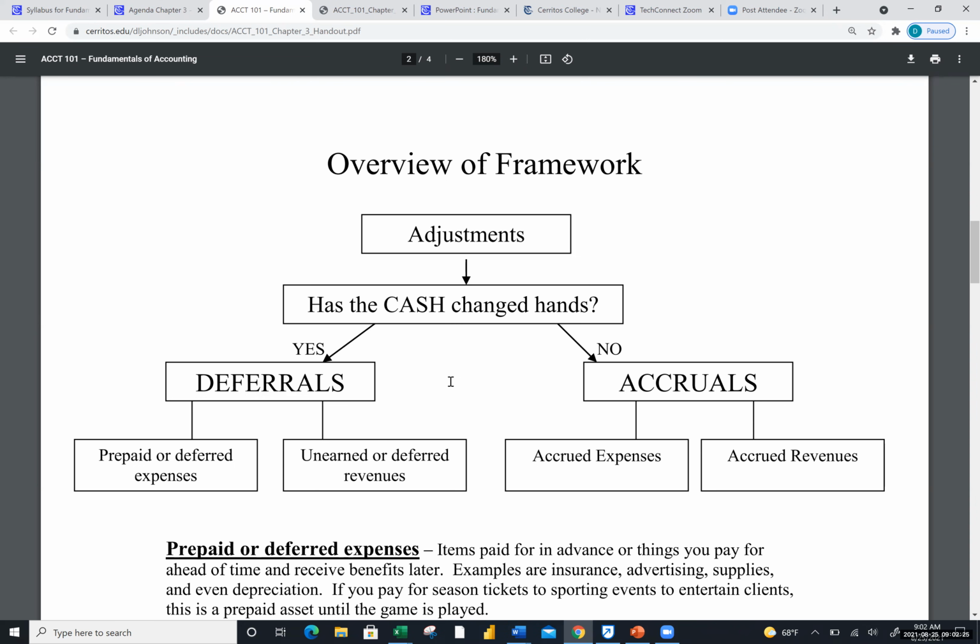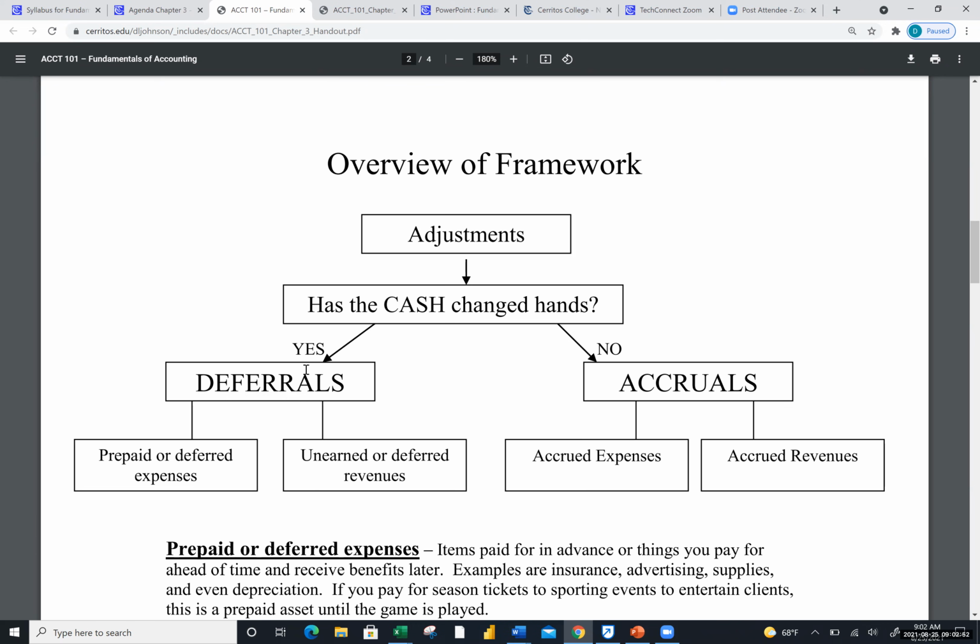So it doesn't matter how a company, if it's financed or not, the car company, the one that sold it to you, they've gotten the cash, you've bought that car, it's on your books. So depreciation, the reason we call it a deferred expense, the asset's sitting there on the books. You're deferring recognizing the depreciation expense until the time has passed and the asset has started to lose its usefulness.